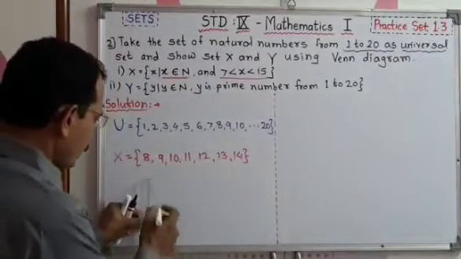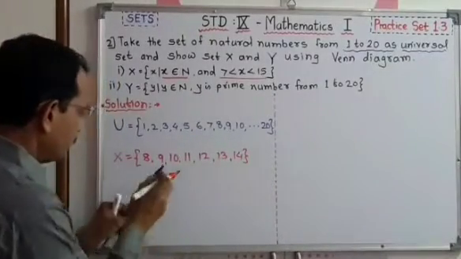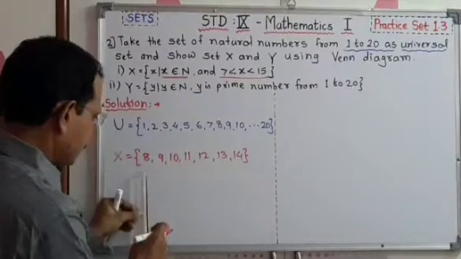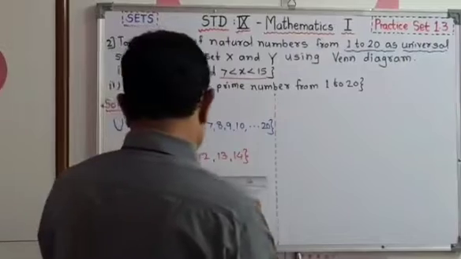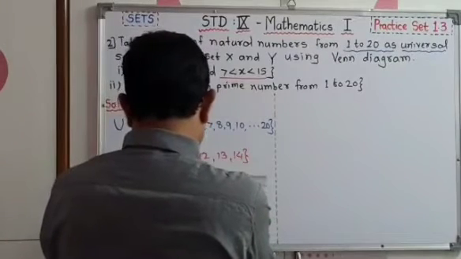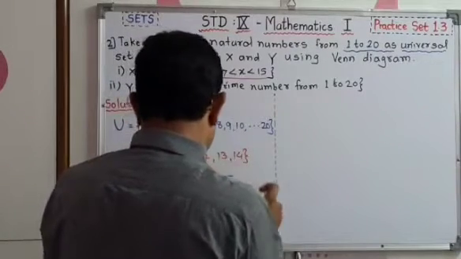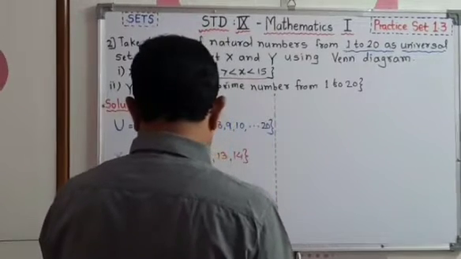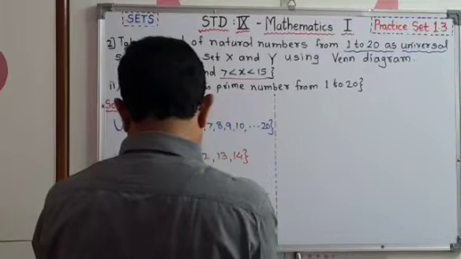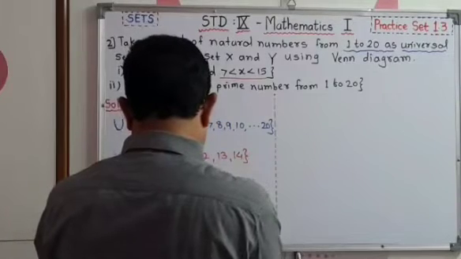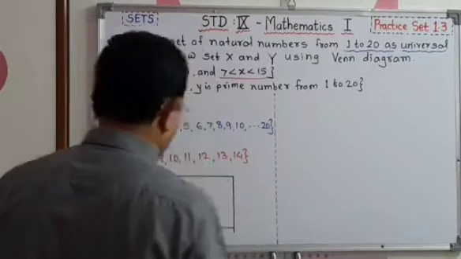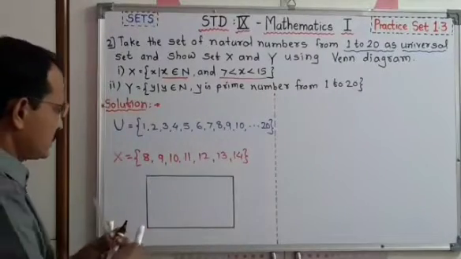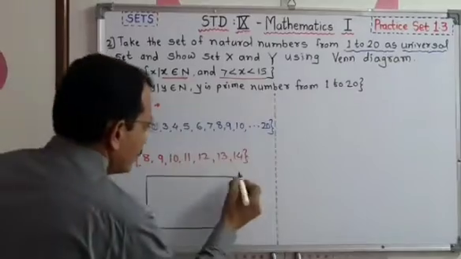Therefore, first of all we have to draw a rectangle like this. This is the universal set. We have to write U here.